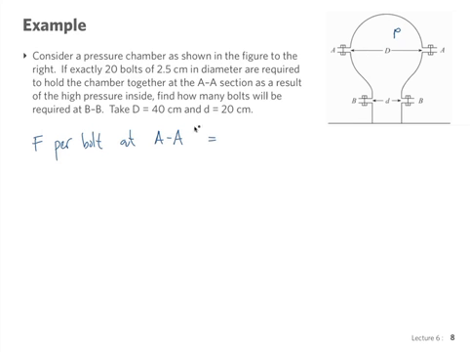The area of that section is, again, pi over 4 d squared. So the force is P times area, and the area is pi d squared over 4. And that's the total force divided by the number of bolts. It's going to give me the force per bolt, where the diameter d is given.